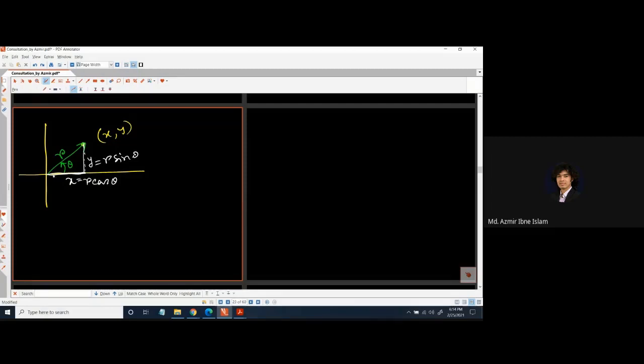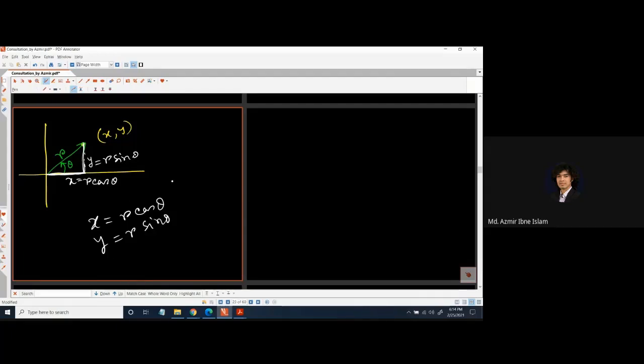So easily we can understand that the horizontal distance x can be converted to r cosine theta and y equal to r sine theta.